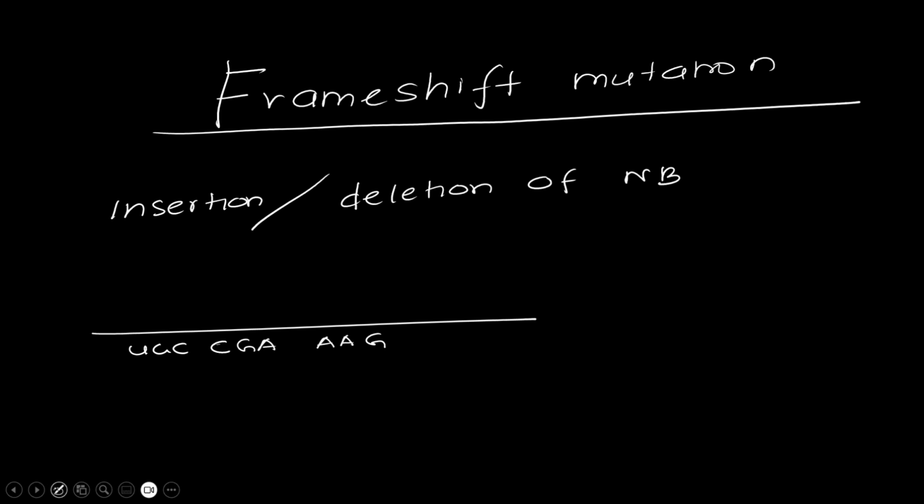Let's assume that there's going to be an insertion or a deletion. Let's take a deletion. There's a deletion of a single nucleotide base. Now what would happen? Now after this, let's take another one.